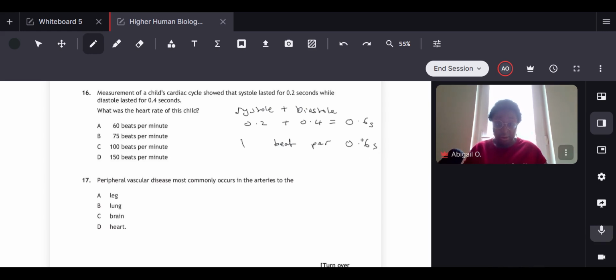Let's see what we can do to turn this 0.6 into 1 minute. 1 minute is 60 seconds. So to get this to become a minute, you would times this by 100, which means you're going to get 100 beats per 60 seconds. So therefore, your answer is C.